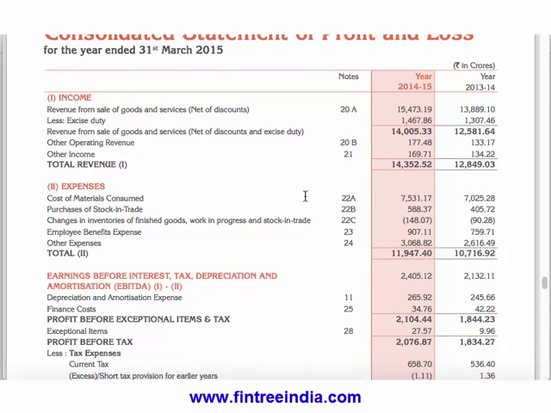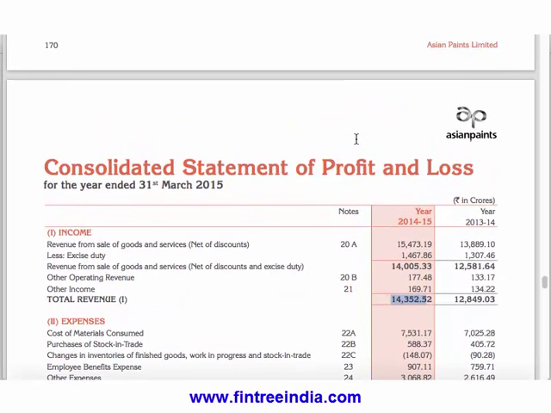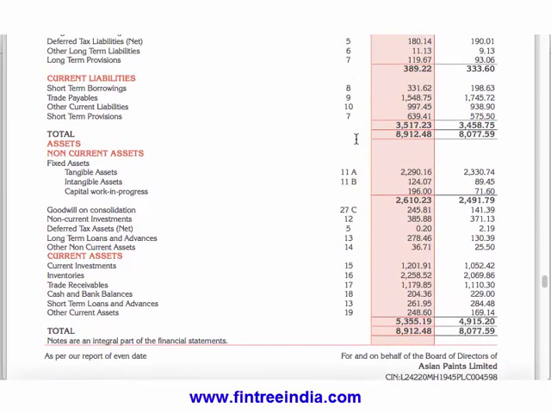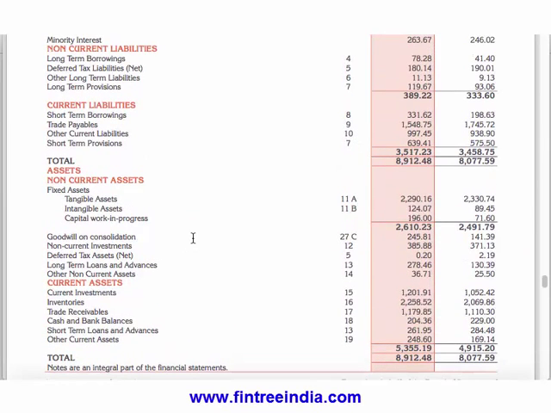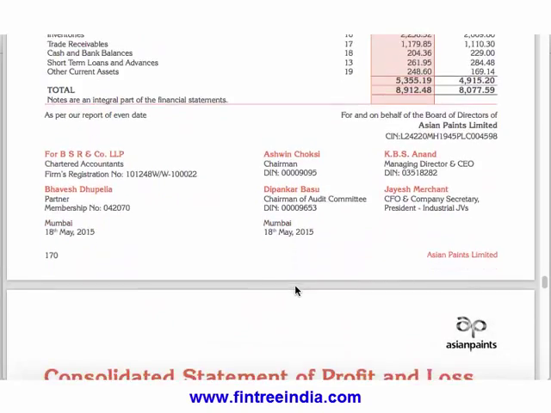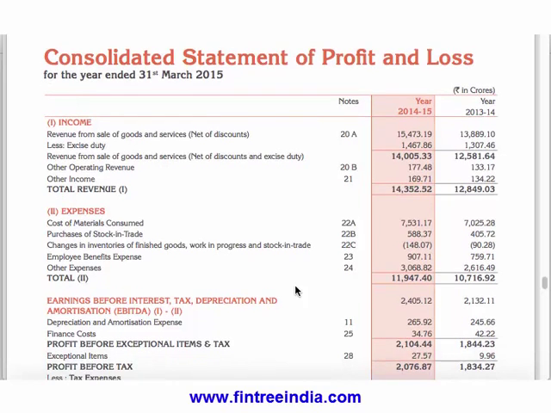Do that. 14,352 as a ratio to, let's do it for the whole assets, 2610. 5.49. So roughly compared to the size of the assets the company has, revenue is about 5.5 times.